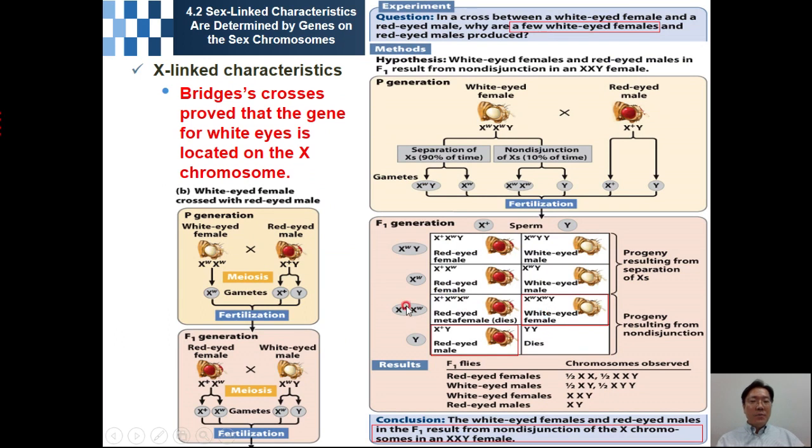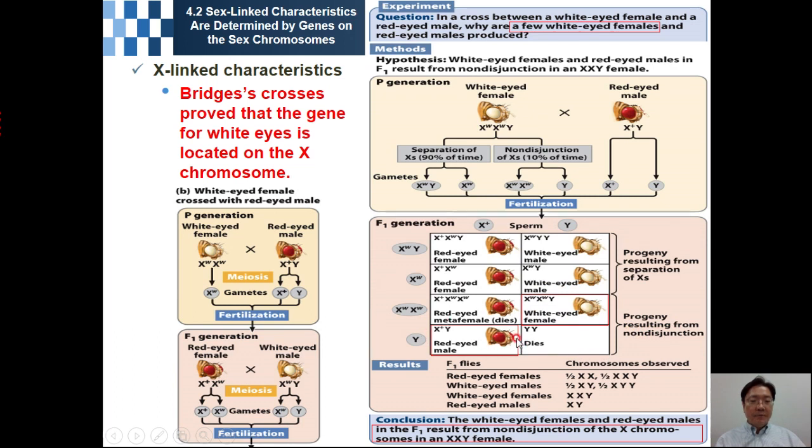They will make XW XW Y. It means they will make a white-eyed female. Usually all of them should be male, but they also found white-eyed females like this. So this progeny results from non-disjunction.